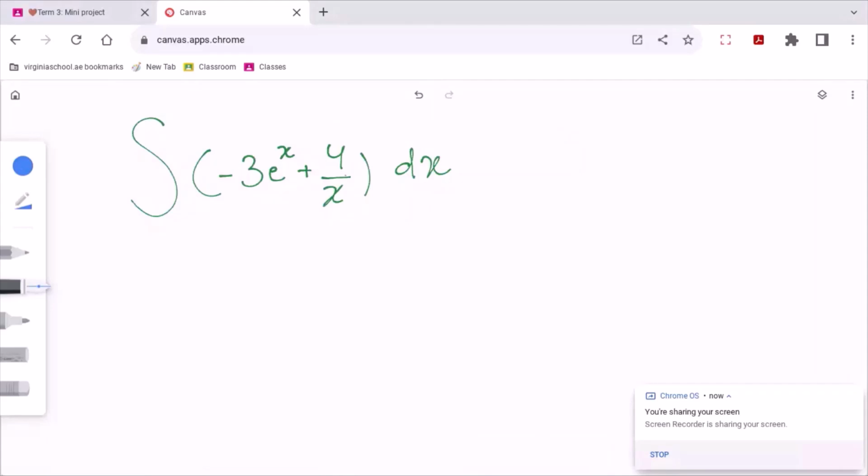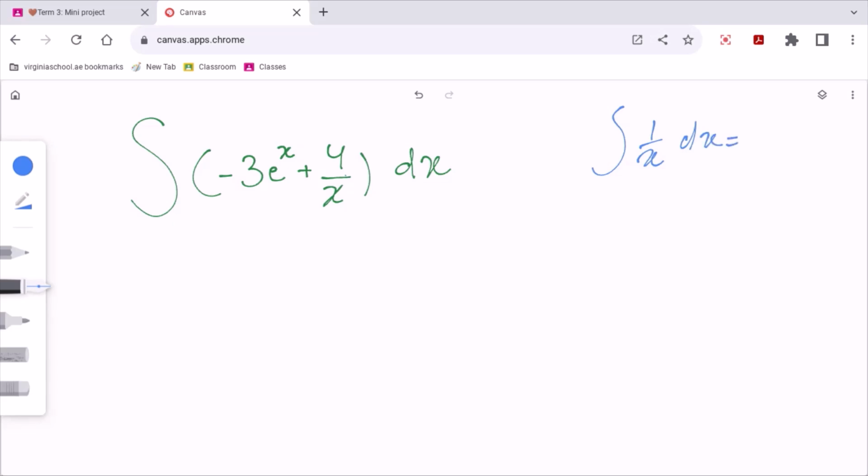The indefinite integral of negative 3e to the power of x plus 4 over x dx. To solve this question, we have to use this rule. The indefinite integral of 1 over x dx equals the natural log of the absolute value of x plus c.